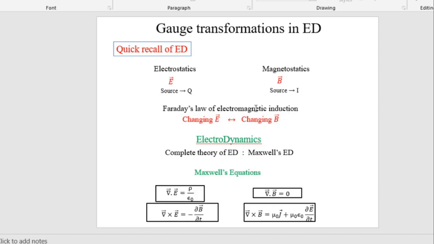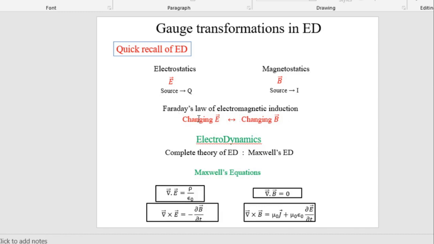That means electric field and magnetic field are actually interconnected. We have to study them on the same ground, that means under the same theory. The electric field and magnetic field are actually two different manifestations of the same electromagnetic phenomenon.